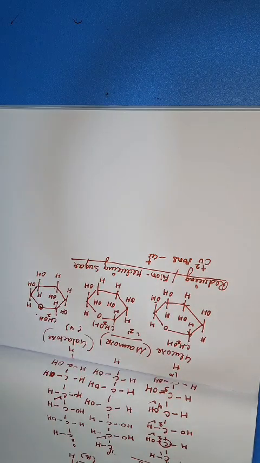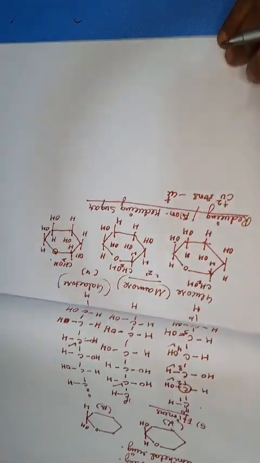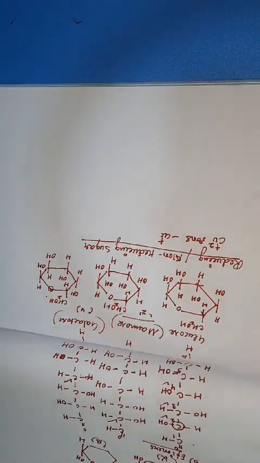This property is the basis of Benedict's as well as Fehling's test that we have done during our practicals, and that helps in detecting the presence of glucose or any other reducing substance in human urine or in a food sample, etc.